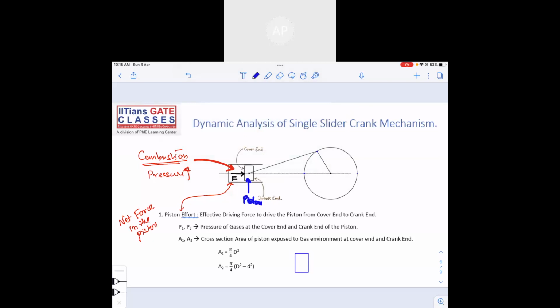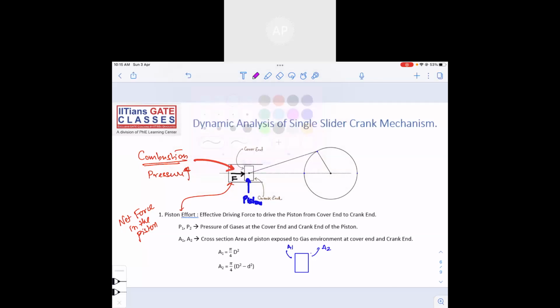If this is the piston, let me say this side area is A1 and this side area is A2. How come? Because on this side, not the whole area will be exposed; the cross section of the piston might be different on both sides. I'm not getting into very much detail.